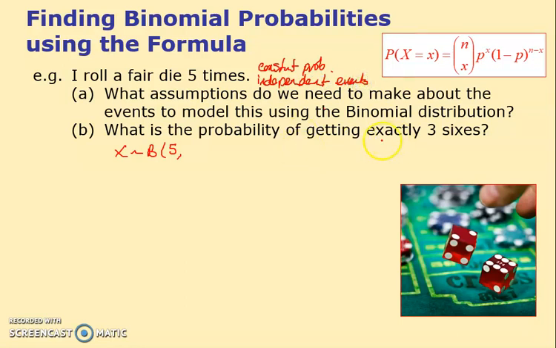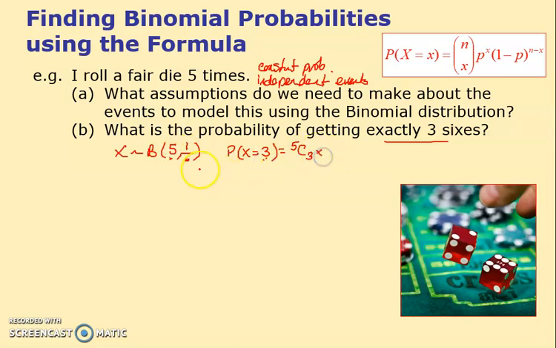What's the probability then of getting exactly 3 6s? Oh, I want 6s. The probability of getting a 6 is a 6th. So it says, what's the probability of getting exactly 3 of them out of the 5 of them? Now my formula says I do 5C3. 5 because n is 5. 3 because I want 3 of them.